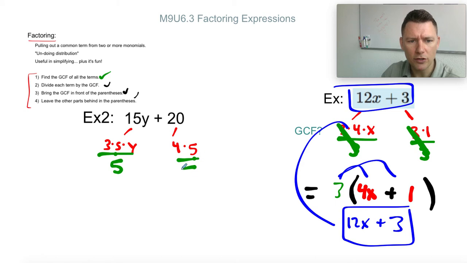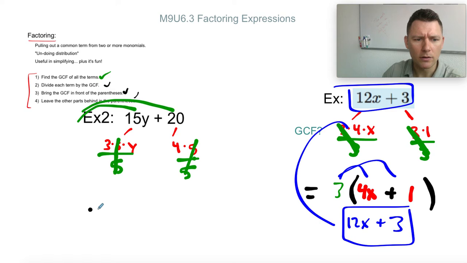What we're really doing is pulling a 5 out of each of the terms, right? So if we pull a 5 out of 15y, sort of like saying divide by 5, what we're left with is 3y. And if we pull a 5 out of the 20, dividing by 5, we're left with 4. And so this really turns into the greatest common factor that got pulled outside.